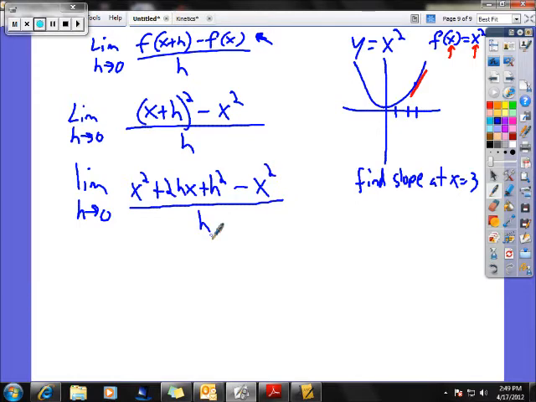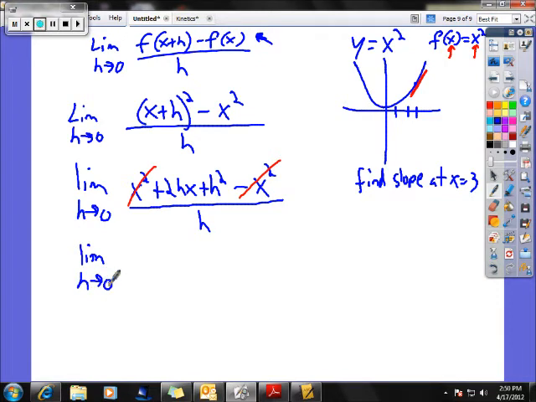You cross off... the x squareds cancel, right? Then you've got plus 2hx, and h squared. Now that those x squareds are gone, we do have an h on every term, right? So because we have an h on every term, we can take that out or cancel it. So that will be the limit as h approaches 0.